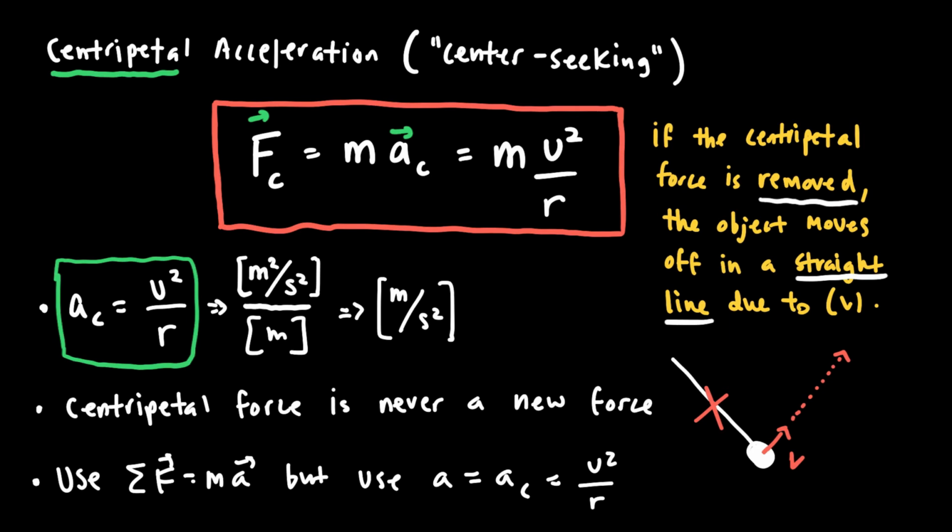An example of this is swinging a ball in a circle and somebody cuts the string, or the string breaks, or I just let go of the string. If we took a video of the resulting motion, the ball should move off in a straight line. And that's consistent with Newton's laws, right? An object that is not subject to a net force will just continue to move off in a straight line.